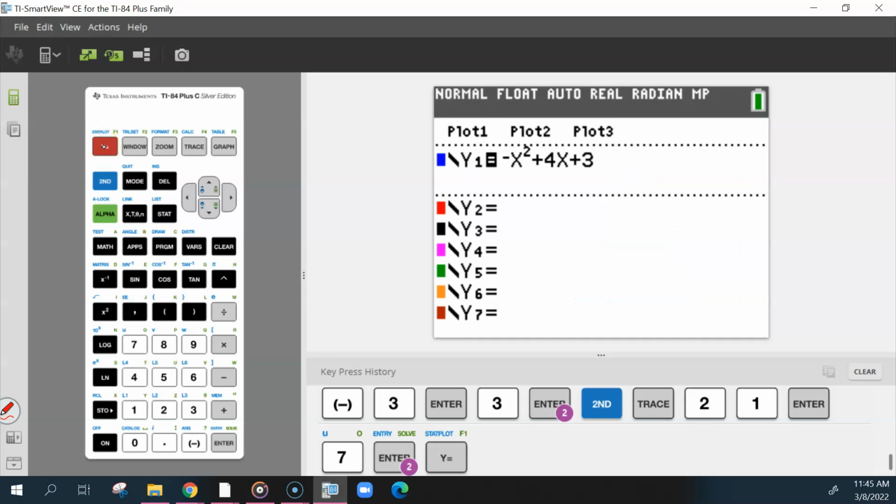Right, so put that last one in your calculator. Negative 3x squared minus 18x minus 20.